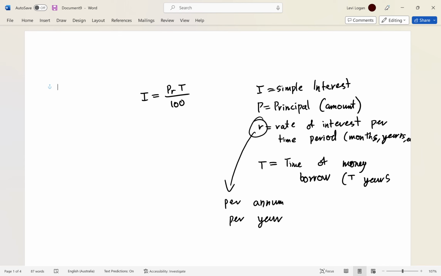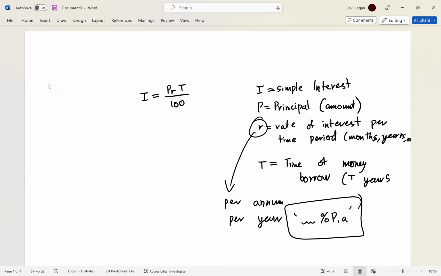It's often denoted such and such percentage P.A. So P.A. means per annum.